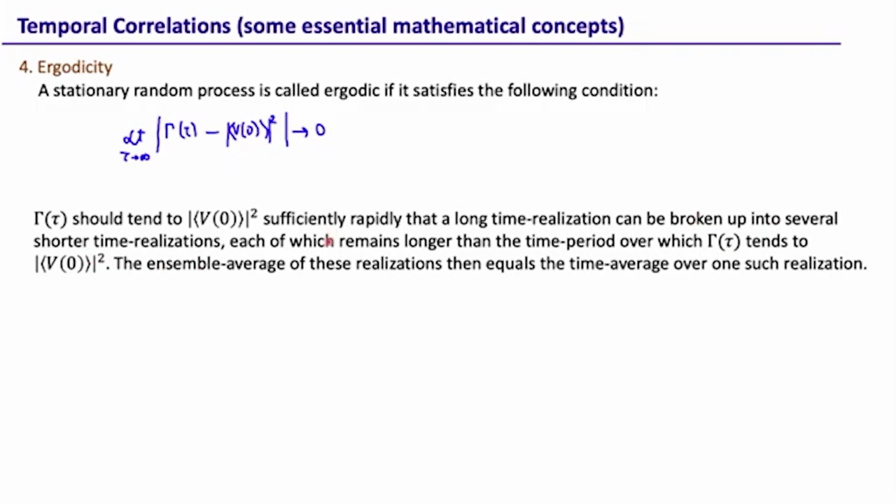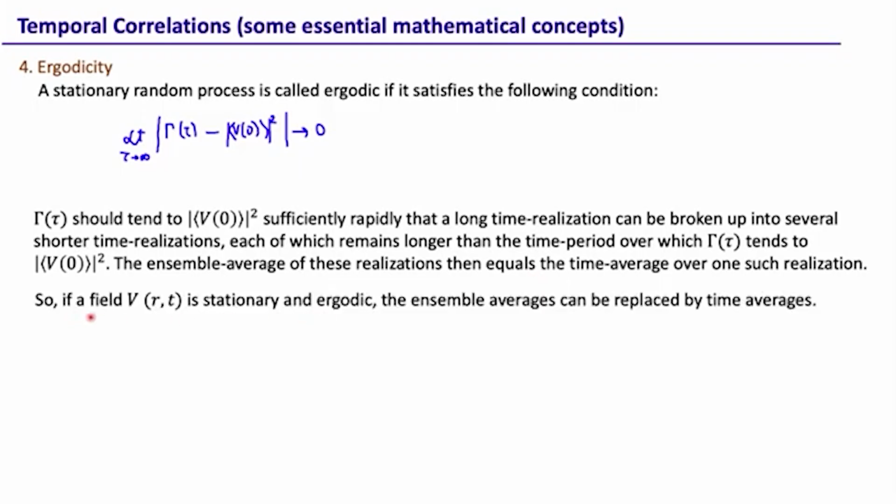Each of those individual realizations has to remain much longer than the time period over which gamma tends to this quantity, and if that happens, then the ensemble average from these different realizations equals the time average over just one such realization.